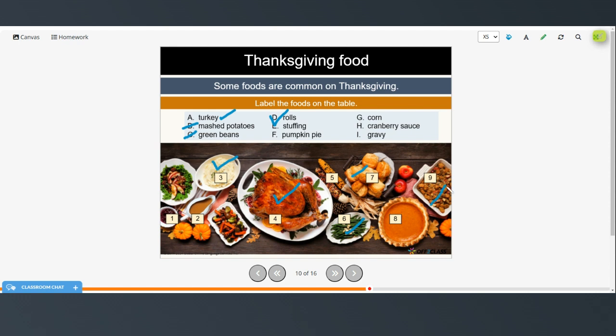Stuffing, number 9. Pumpkin pie, number 8. Corn, number 5. Cranberry sauce. Let's see, I don't see cranberry sauce. Oh, over here, number 1. And gravy is number 2.